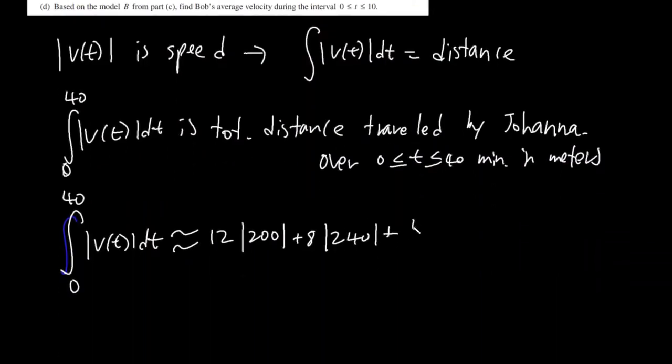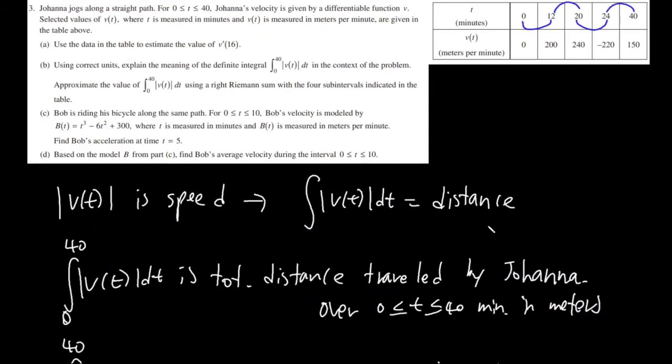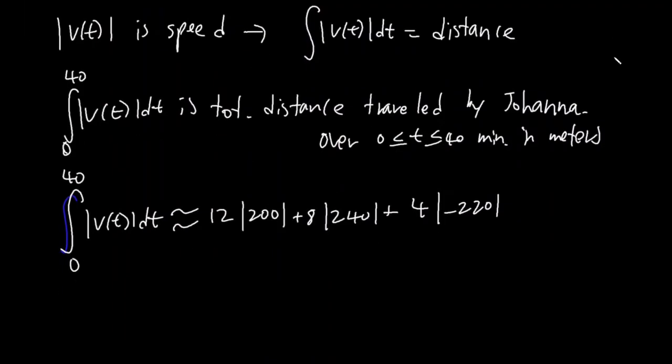So it's 4 times the absolute value of negative 220, plus the difference between 24 and 40, which is 16, times the right, which is 150. So plus 16 times 150, and once you calculate that, you will get 7,600 meters.